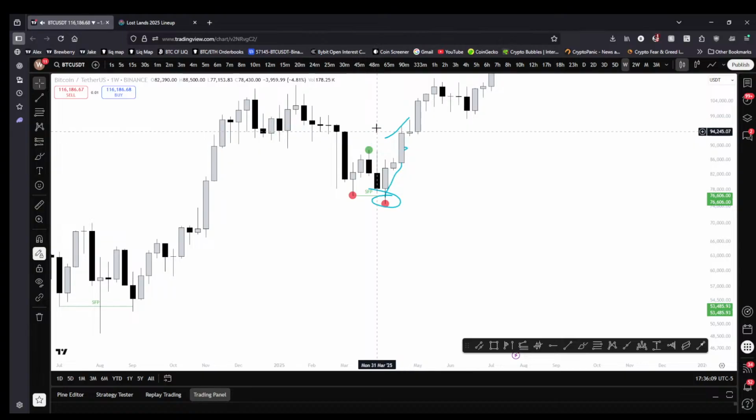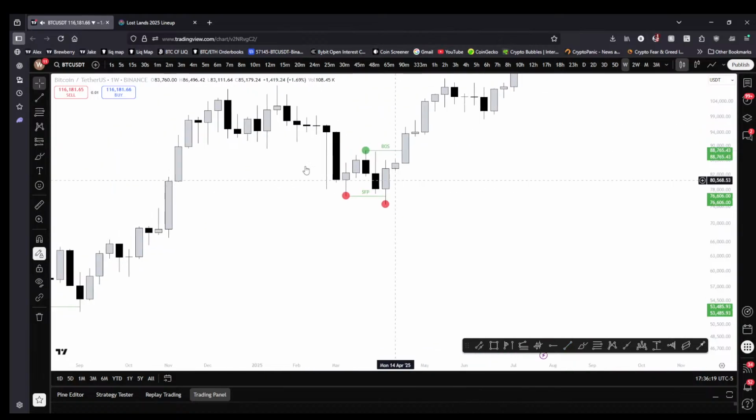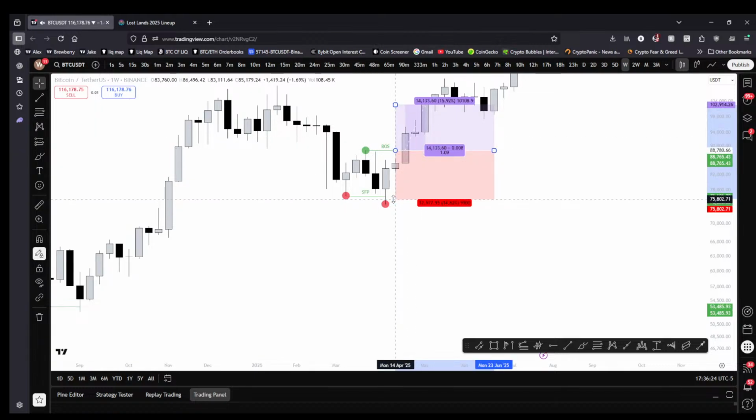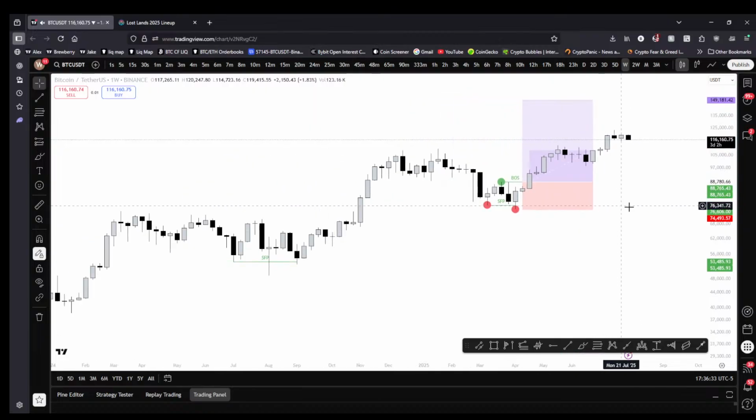This is why you'll see in a lot of my calls, right? I talk about how much I love this pattern. An SFP followed by a break of structure. You can now put your stop loss above that or below that SFP low.